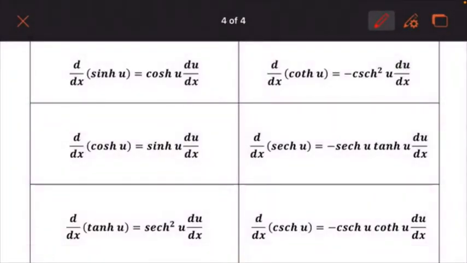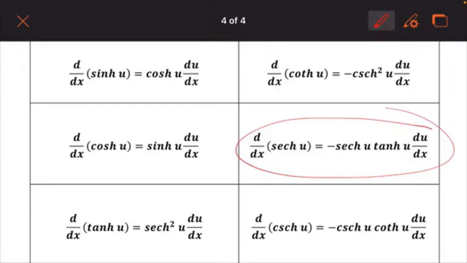And also for the second one, in the trigonometric function, the derivative of secant is positive secant tangent. In the hyperbolic function, the derivative of hyperbolic secant is negative hyperbolic secant of u, hyperbolic tangent of u, multiplied by du over dx.